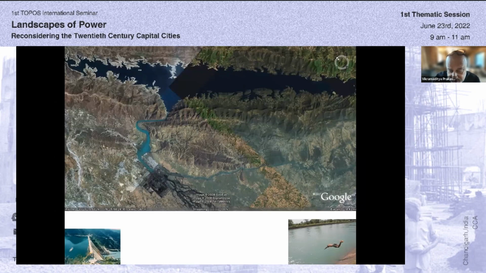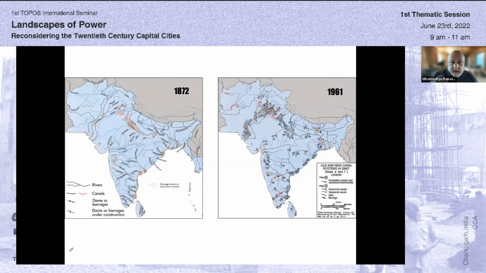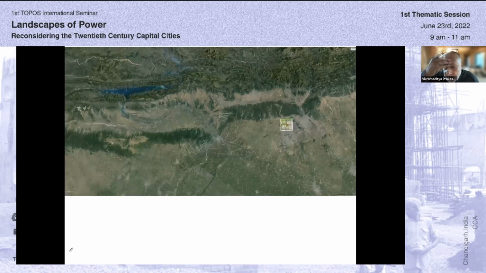So it creates these dams, and the situation essentially is this. See, that is where Chandigarh is located. If you see it in the Himalayas, it is located at the very front hills of the Himalayas, right?